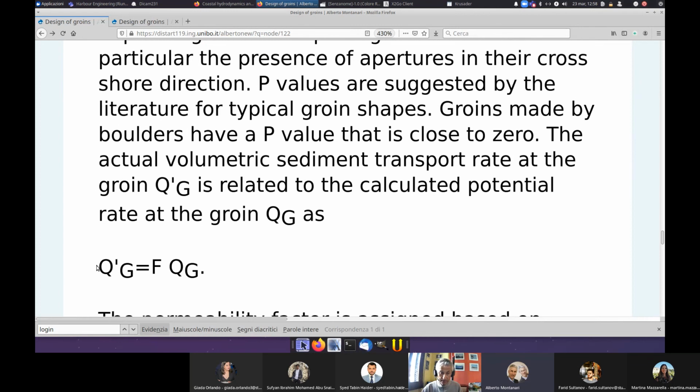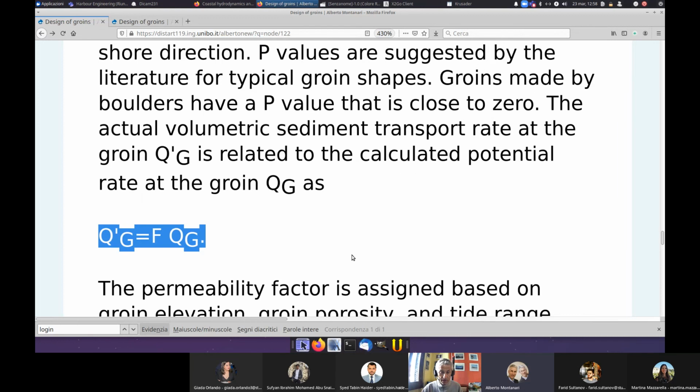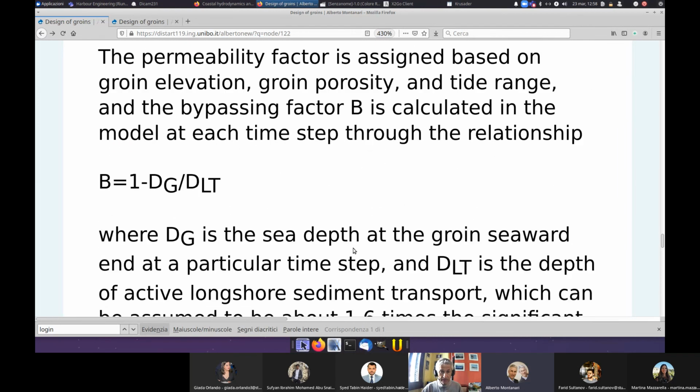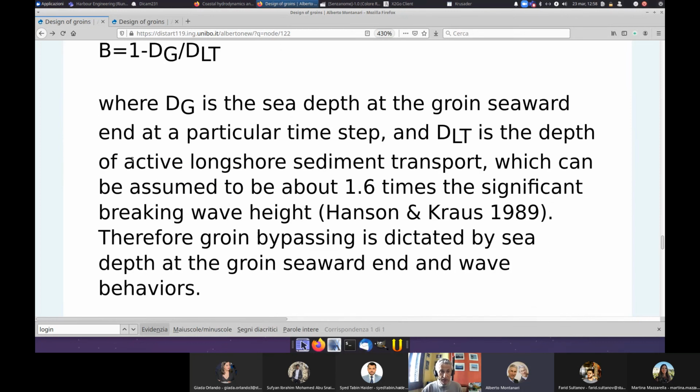Then the longshore sediment transport can be computed in this way. And then there is the bypassing factor B. And B can be computed with this relationship. What are DG and DLT? DG is the sea depth at the groin seaward end.